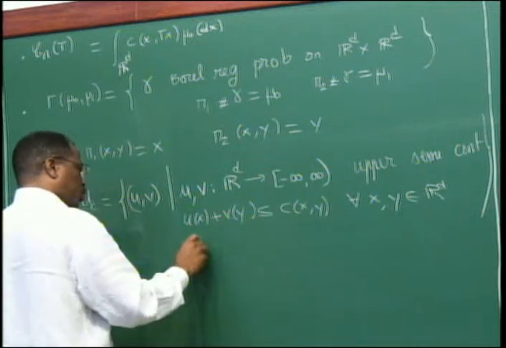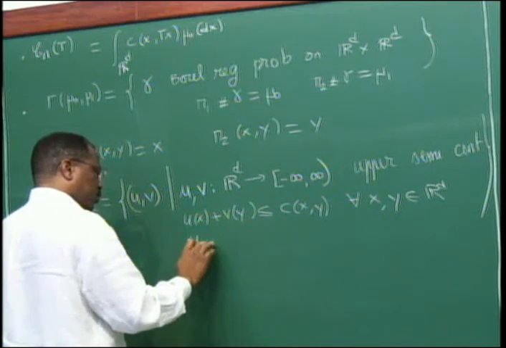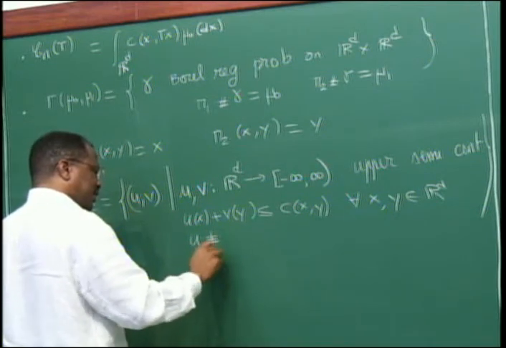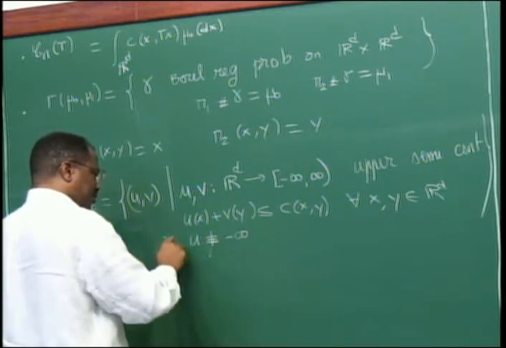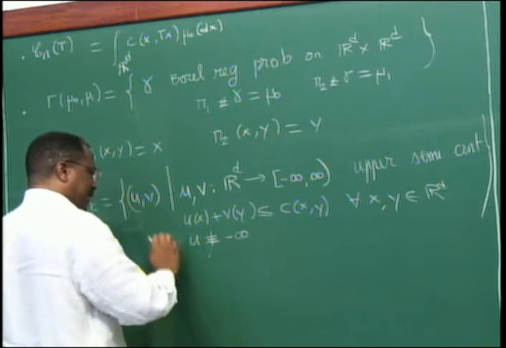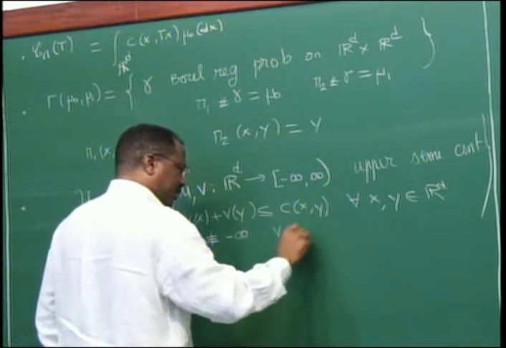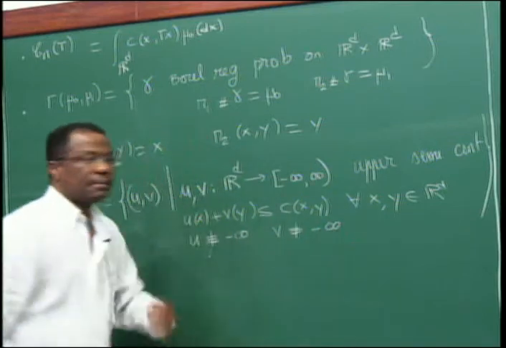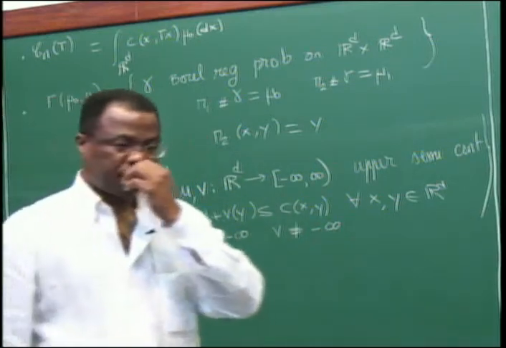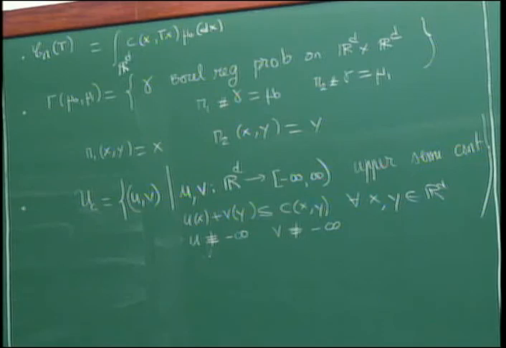And U is not identically negative infinity, V is not identically negative infinity.